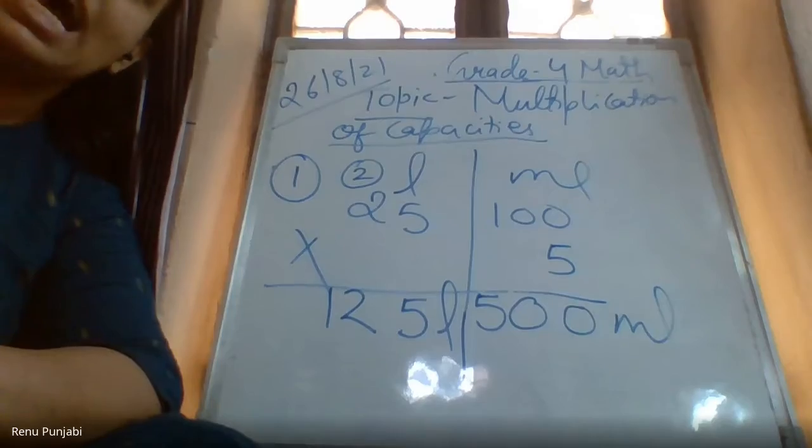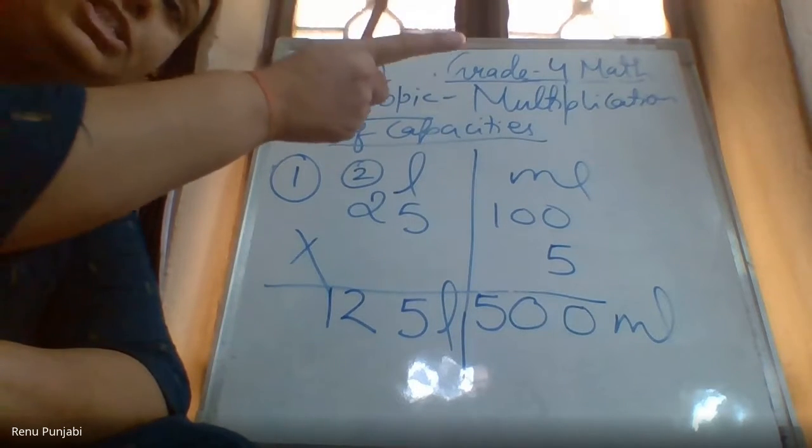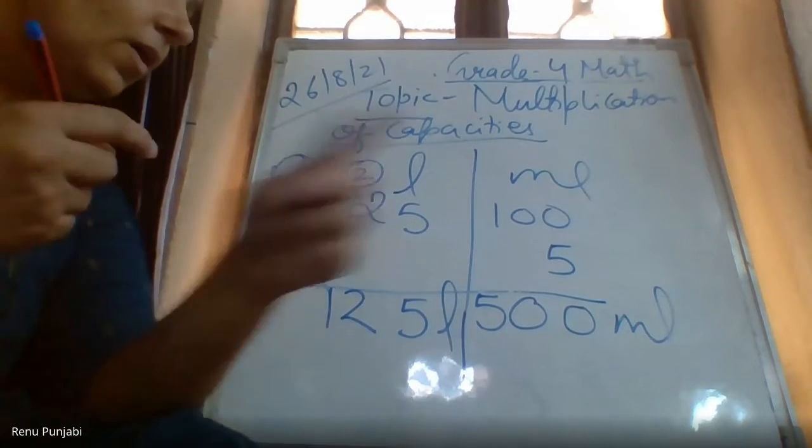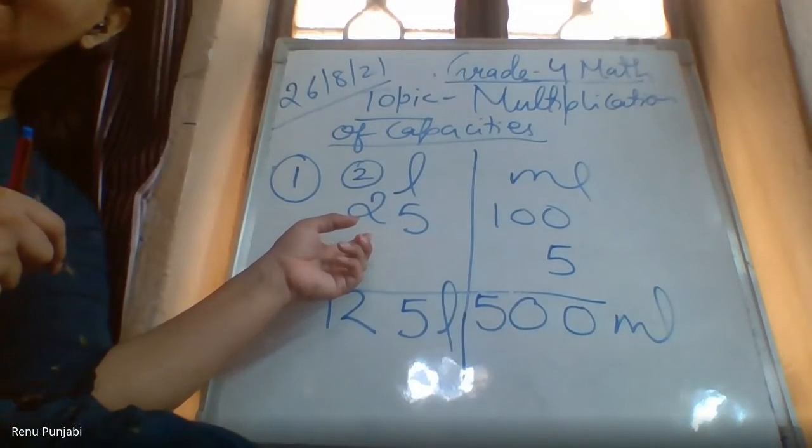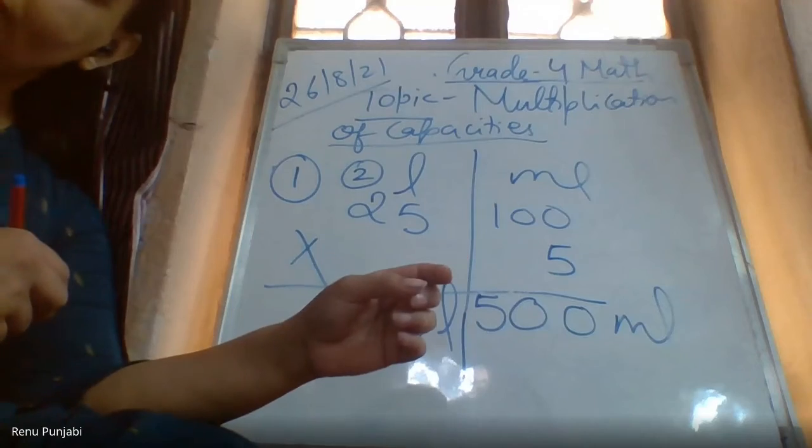When we multiply 35 liter 200, start with the 8 multiplied by 0 first. Always start from the back. You cannot directly multiply the 35 here. Okay. So 8 multiplied by 0 is 0. 8 multiplied by 0 is 0. 8 twos are 16.